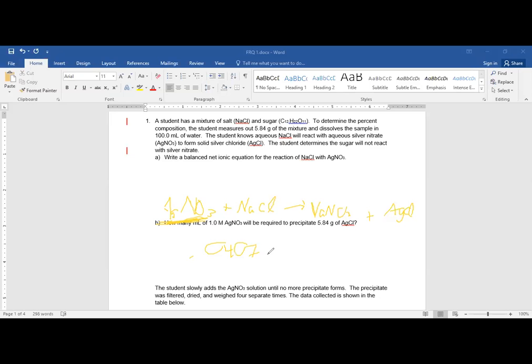Well, we know that the concentration is 1 molar, so we can say 0.0407 moles over volume equals 1 molar. To find molarity, you need moles and you need volume. So the volume is 0.0407 liters, but they want it in milliliters. So the answer is 40.7 mL.